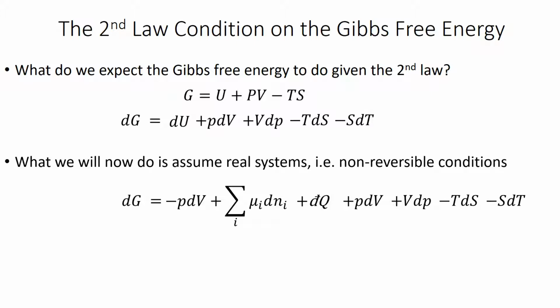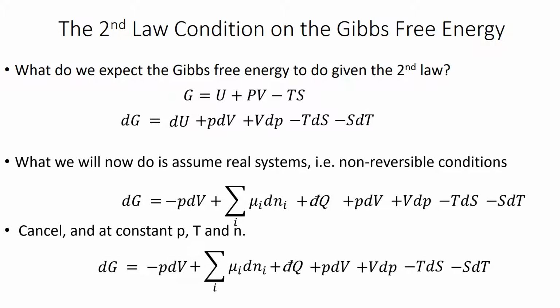All right, we're looking at this, and we are going to do a lot of cancelling, and we are going to be at constant pressure, temperature, and number of particles. So we're looking at something very simple. So let's do that. The mechanical energies cancel out. Beautiful. Well, since we are at constant pressure, the VdP term disappears.